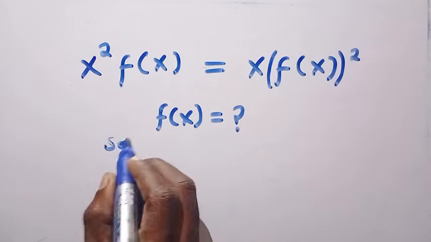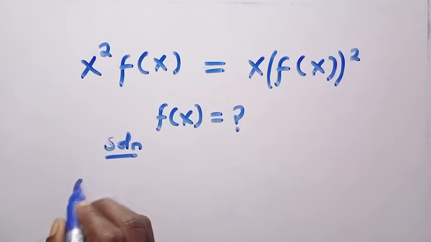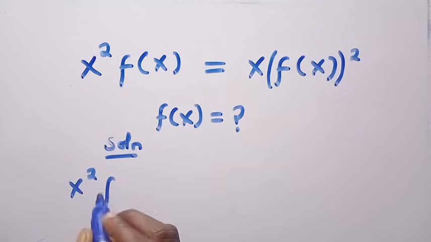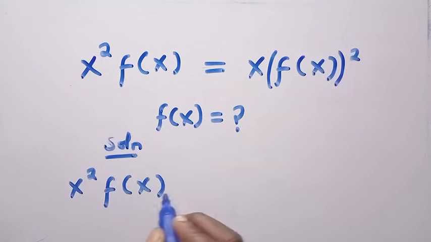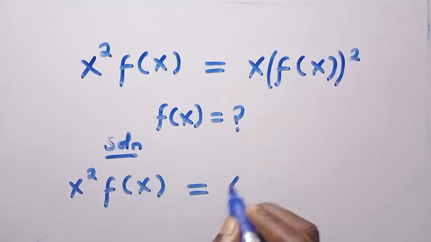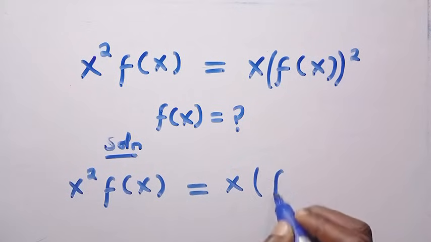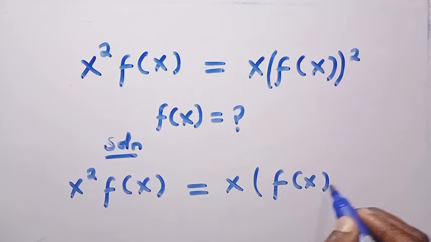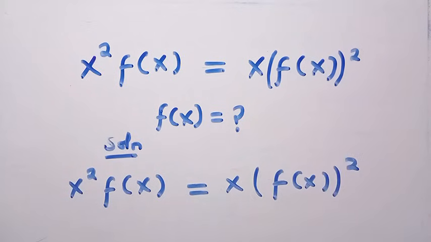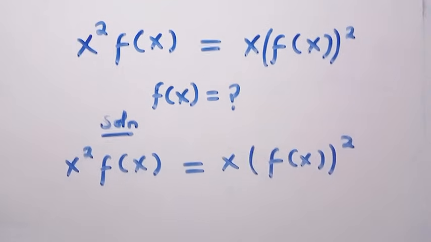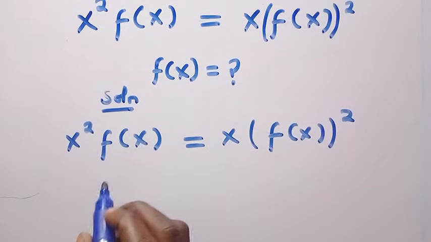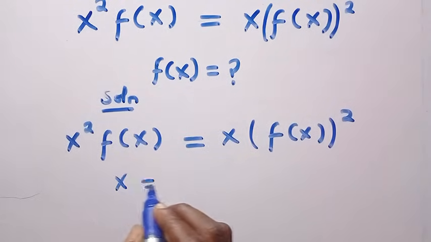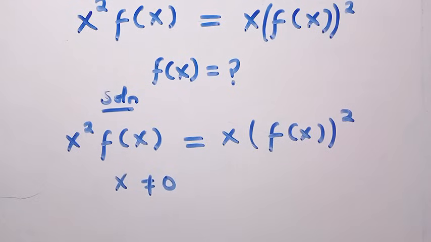When we consider the solution here, the question says x squared multiplied by f of x equals x multiplied by f of x all squared. Then suppose we consider x here not equal to 0. We consider this as step 1.